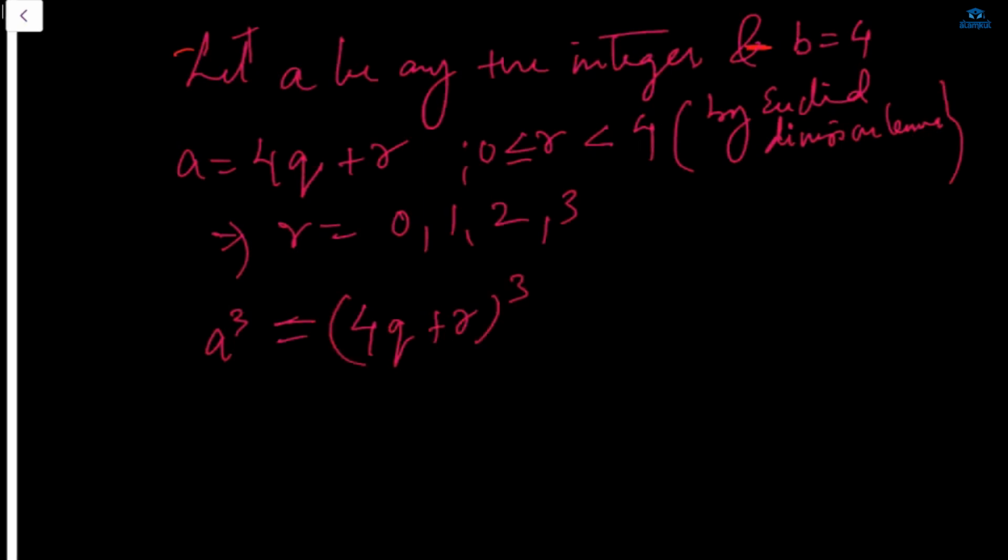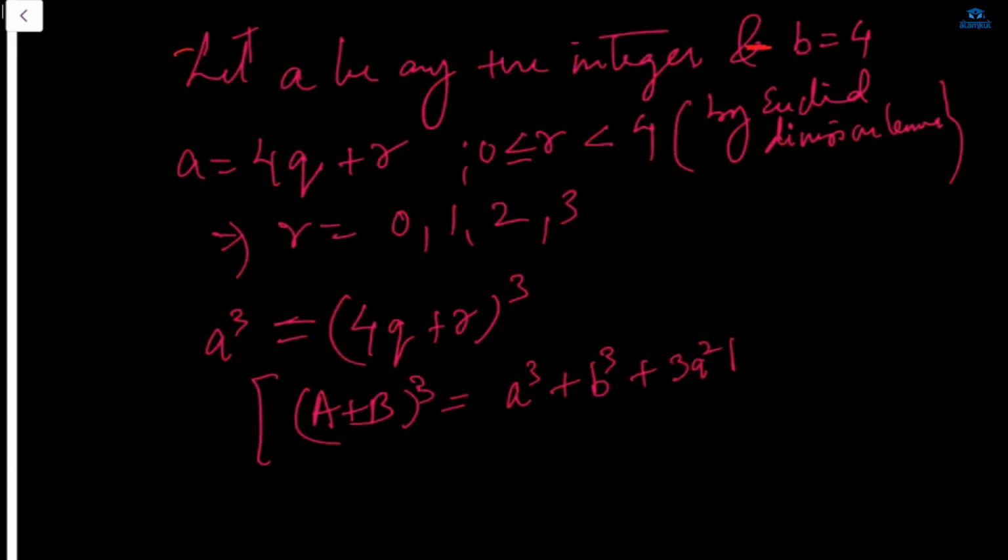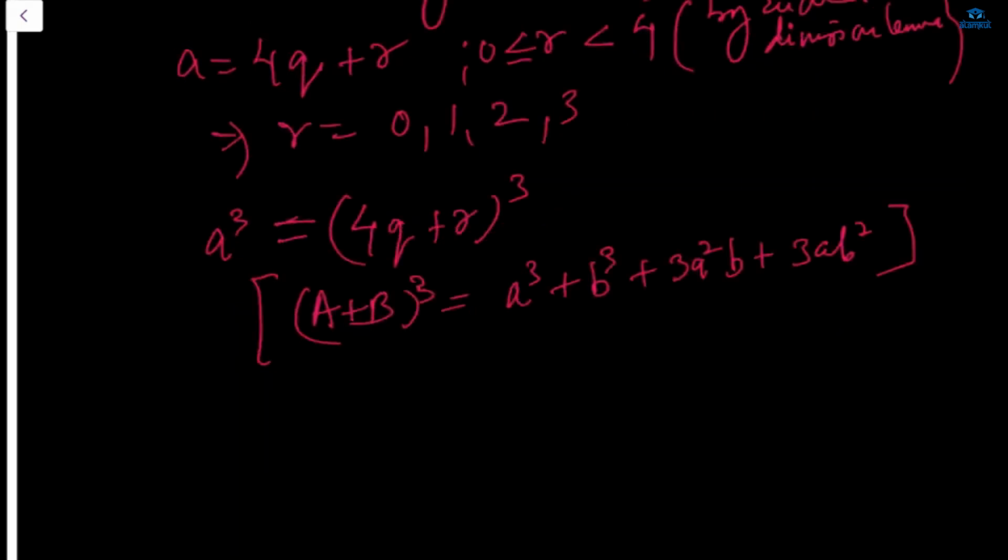If you represent a plus b whole cube, it will be a cube plus b cube plus 3a square b plus 3a b square, which is a cube plus b cube plus 3ab times a plus b.